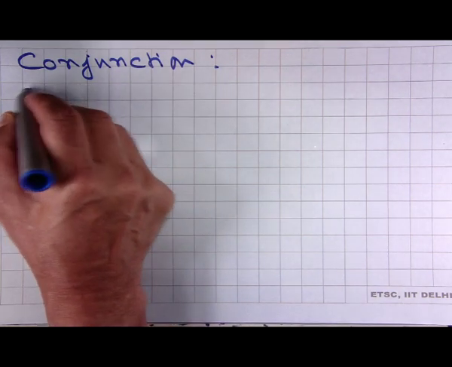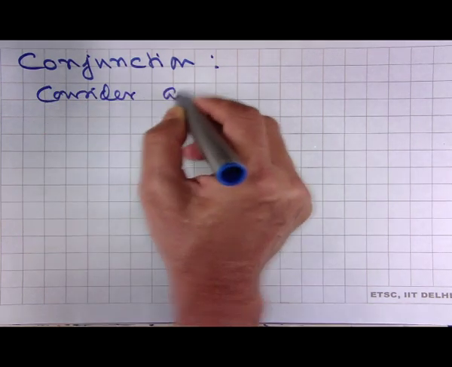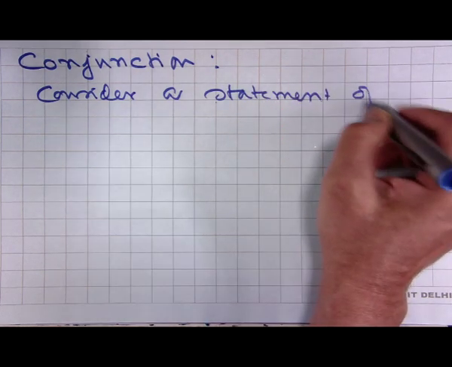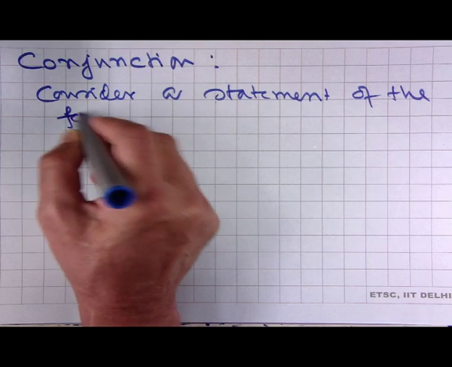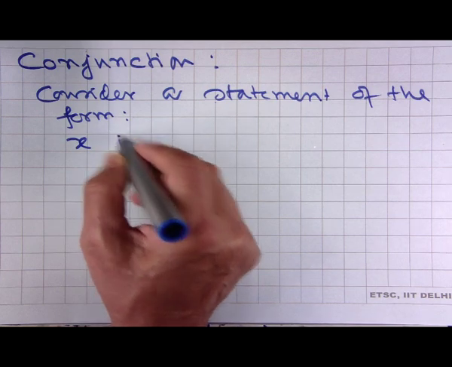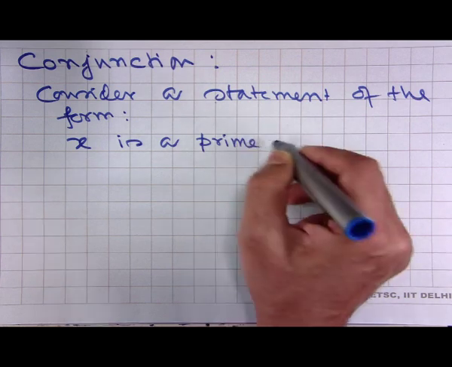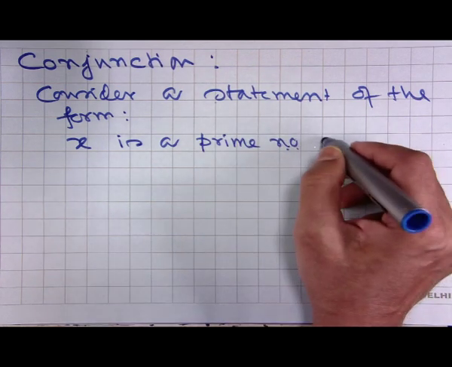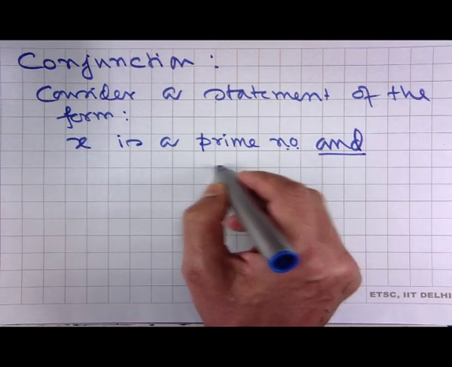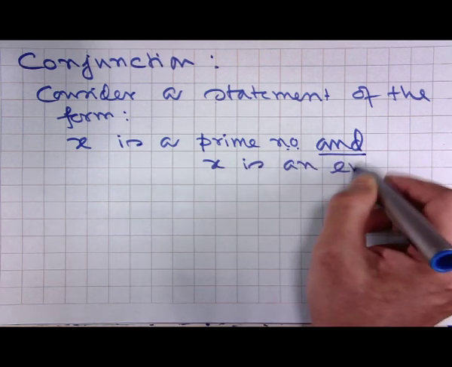Consider a statement like this: x is a prime number and x is an even number.